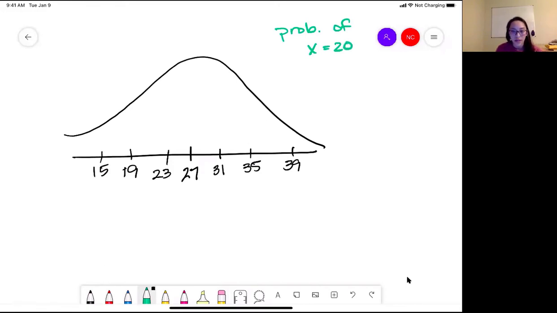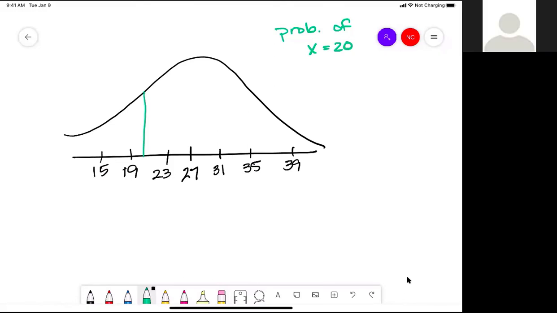First things first, where is 20 on the distribution? It looks like it would exist here. So we need a z-score. How do we calculate that? Anybody?